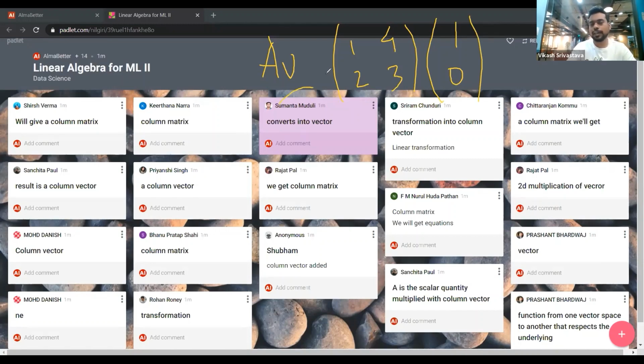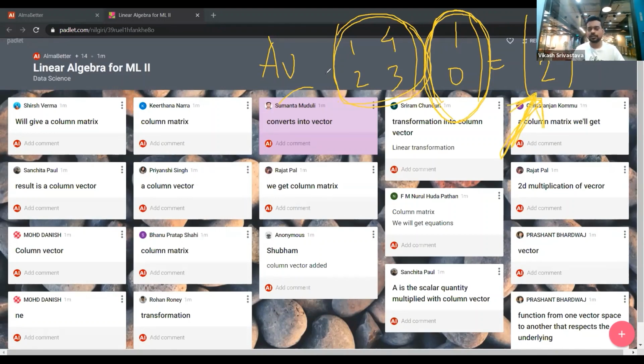So essentially we can calculate that: 1 into 1 plus 4 into 0 is 1, 2 into 1 plus 3 into 0 is 2. So this was the vector. I multiplied this vector with this matrix and I got this particular vector.